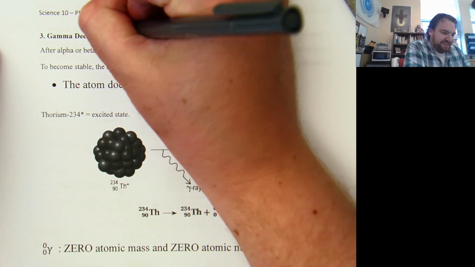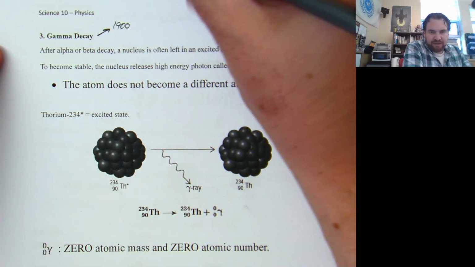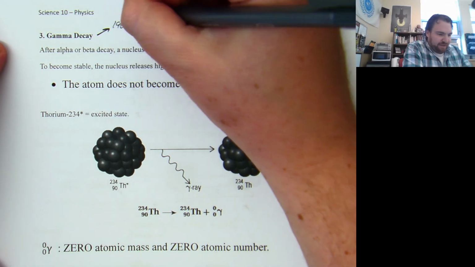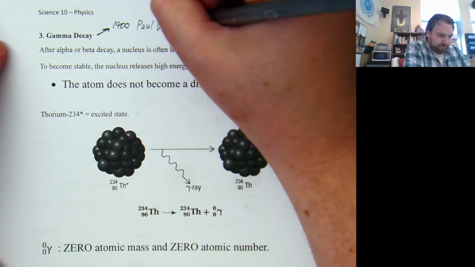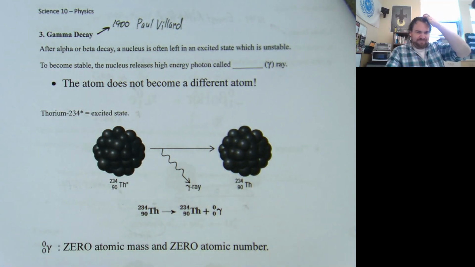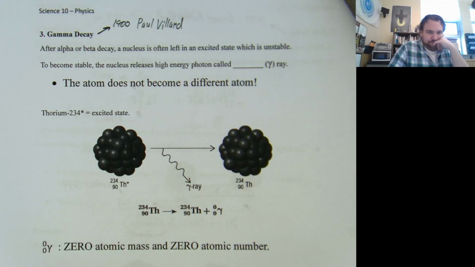Gamma decay was discovered in 1900 by a guy named Paul Villard, and it was actually named in 1903.